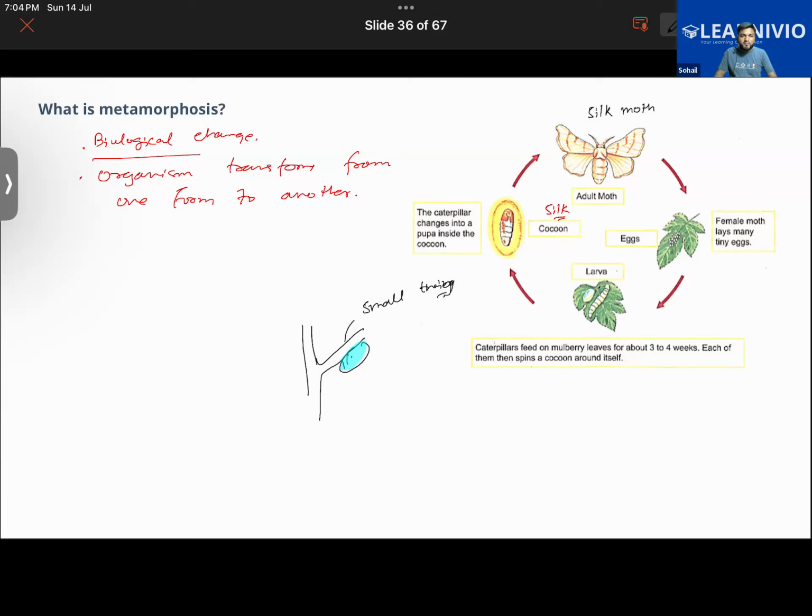Only then would an egg be able to develop into a new silk moth. Now, if the egg is not fertilized, how would a new silk moth develop from it? Is there any organism that can grow without fertilization?